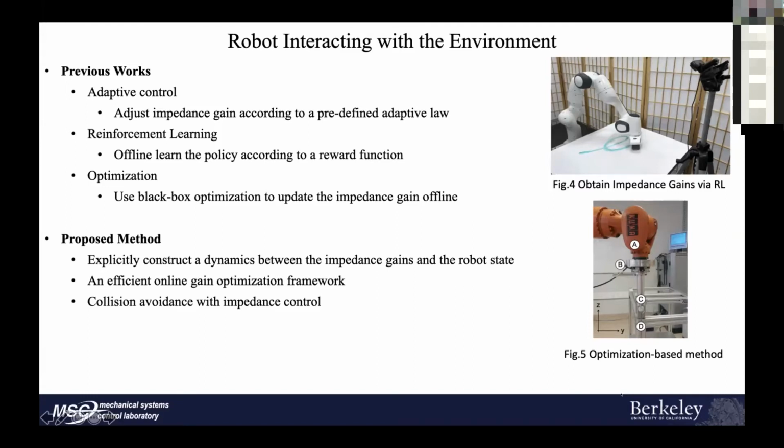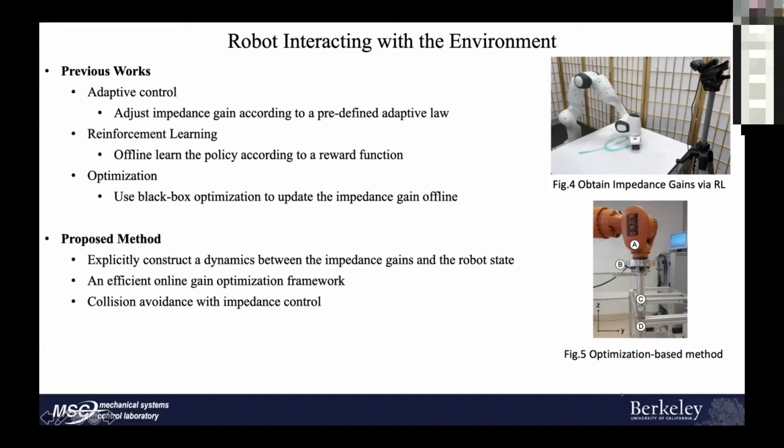Most of the methods here are all offline. So what we want to do is to propose a method that can obtain the optimal impedance gain online without any human tuning and can be used in different scenarios. In order to achieve that, the first thing we do is to explicitly construct a dynamics between the impedance gains and the robot state.